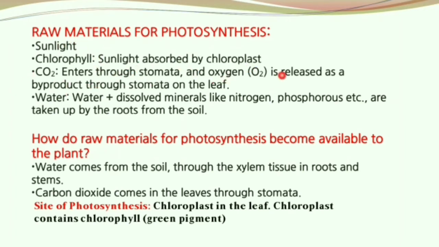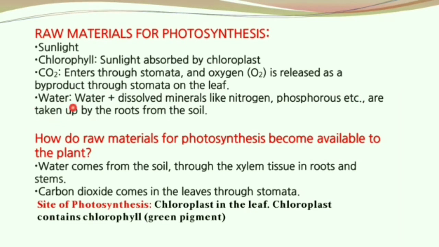Sunlight is absorbed by the chloroplast. Carbon dioxide enters through the stomata and oxygen is released as a byproduct through the stomata on the leaf. Water and dissolved minerals like nitrogen, phosphorus, etc. are taken up by the roots from the soil.